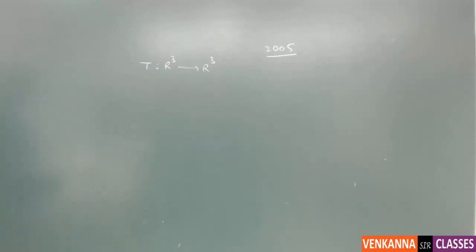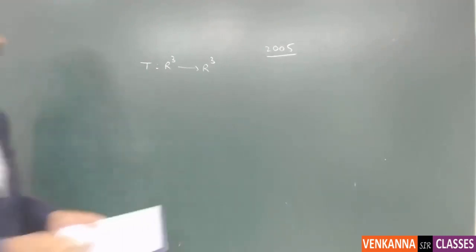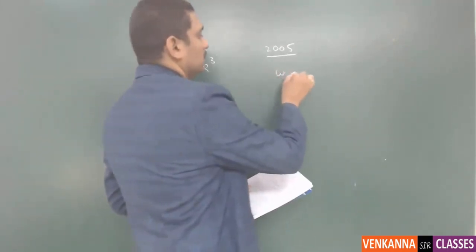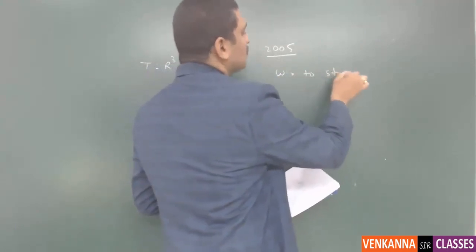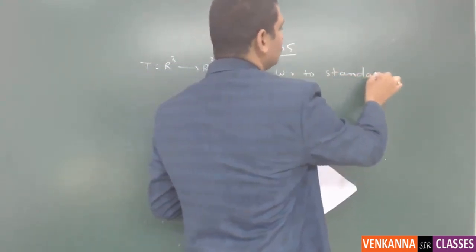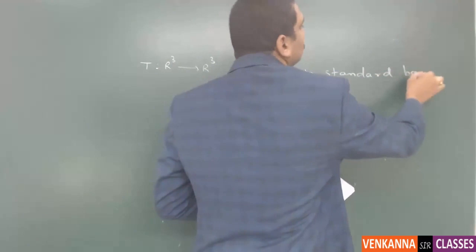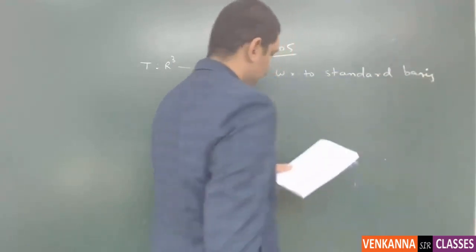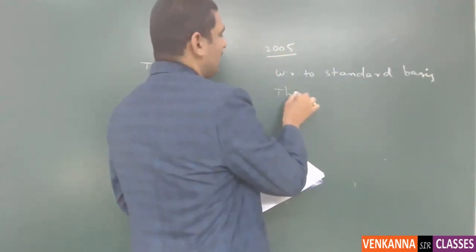I have a transformation T from R cube to R cube, and with respect to the standard basis, the matrix is given.